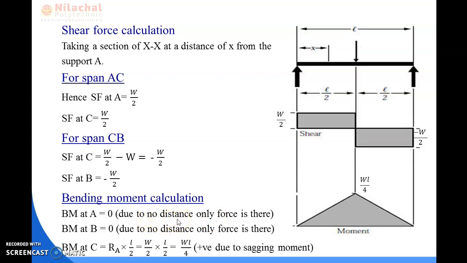For the calculation of bending moment, we need load into distance. So due to no distance and only force, the value of bending moment is 0.